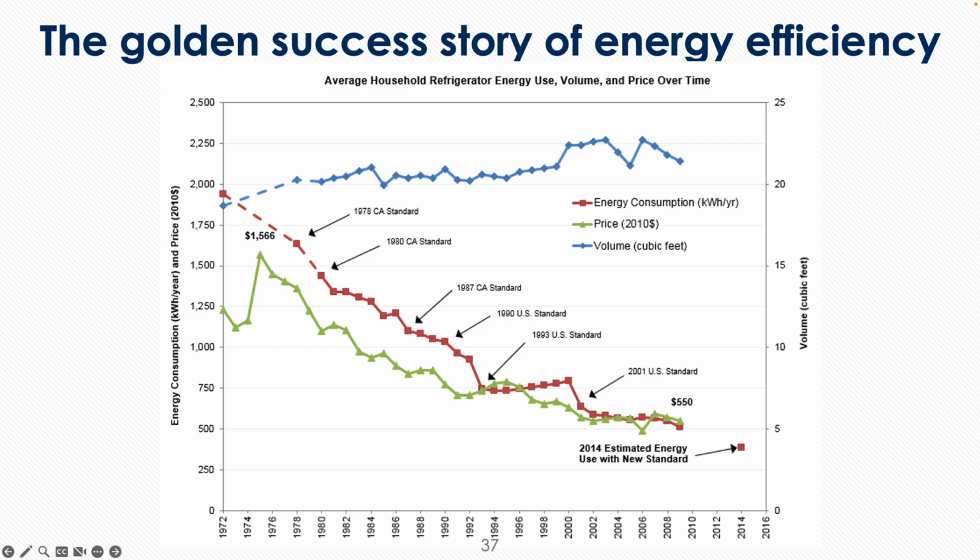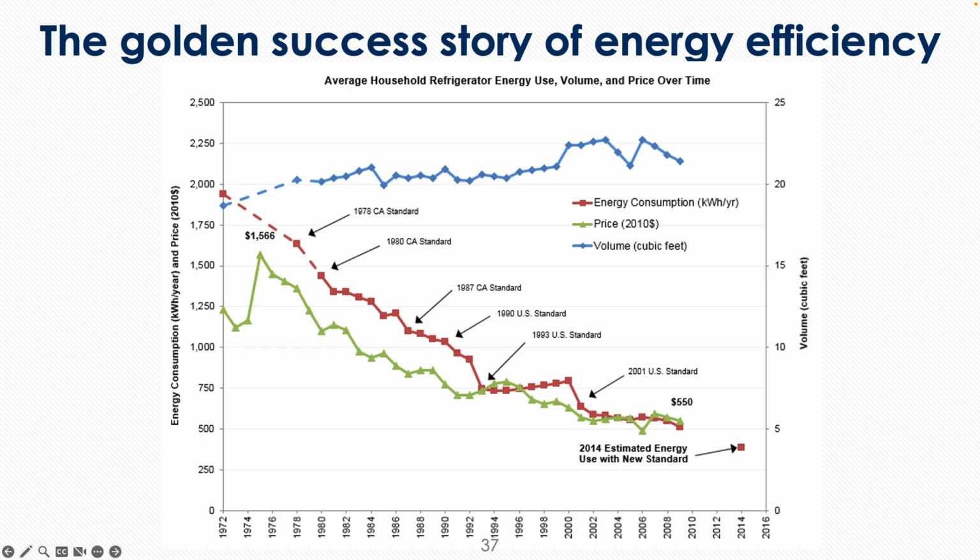And so the refrigerator is one of these success stories. Way back in the 1970s, people started thinking about energy conservation and reduction of energy use in general, and trying to improve energy efficiency. That had a lot to do with some of the energy crises that happened in the 70s.